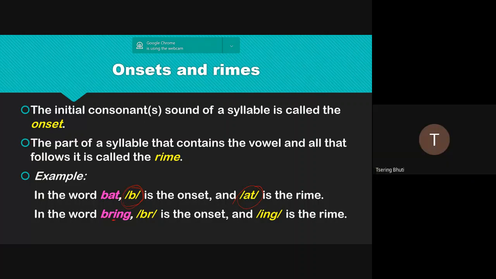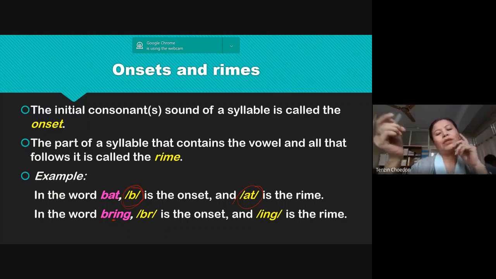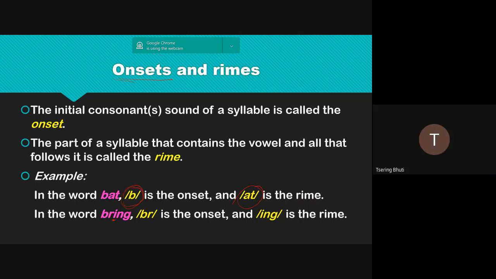So shall we try another word not given here? Let me take onset itself. Onset is a two-syllable word, on and set.